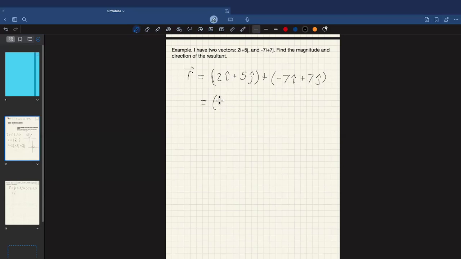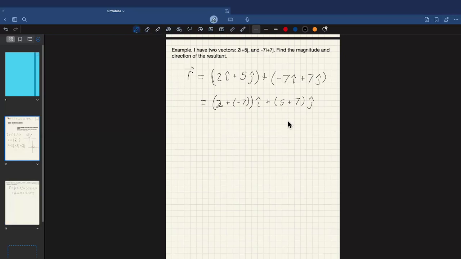So I would have 2 plus a -7 i hat, because both of those terms, the 2 and the -7 from both vectors, were multiplied by i hat, plus 5 plus 7 j hat.